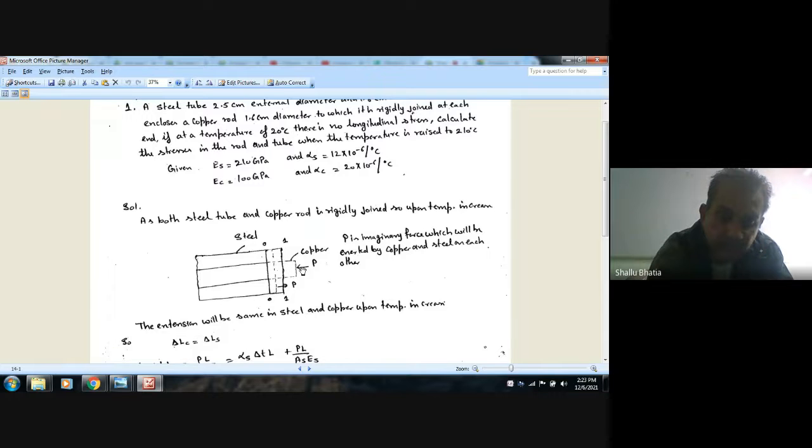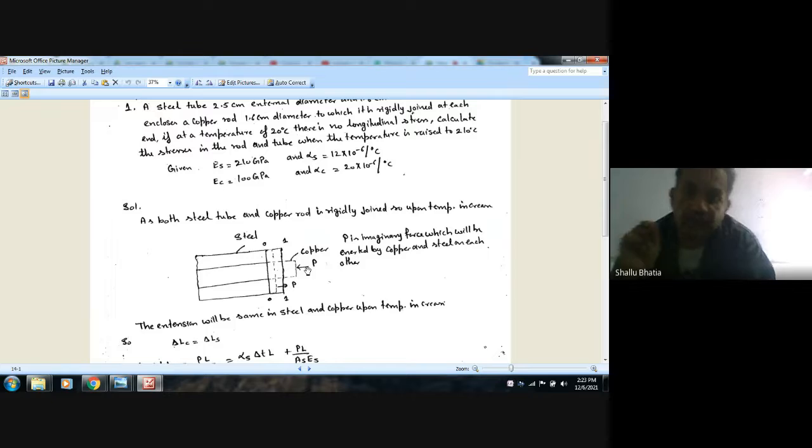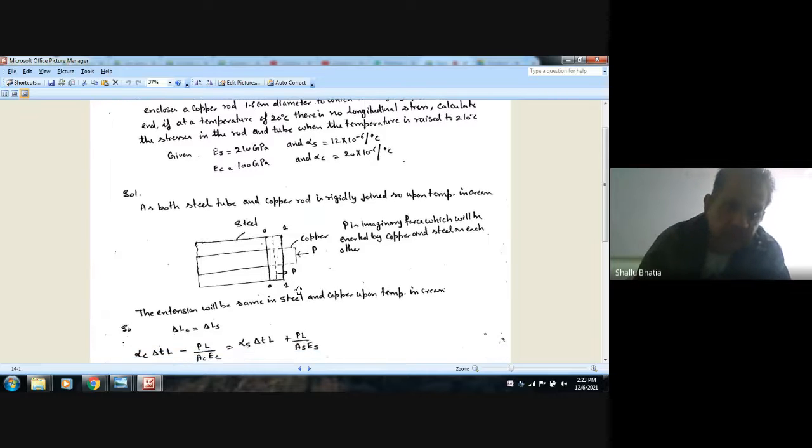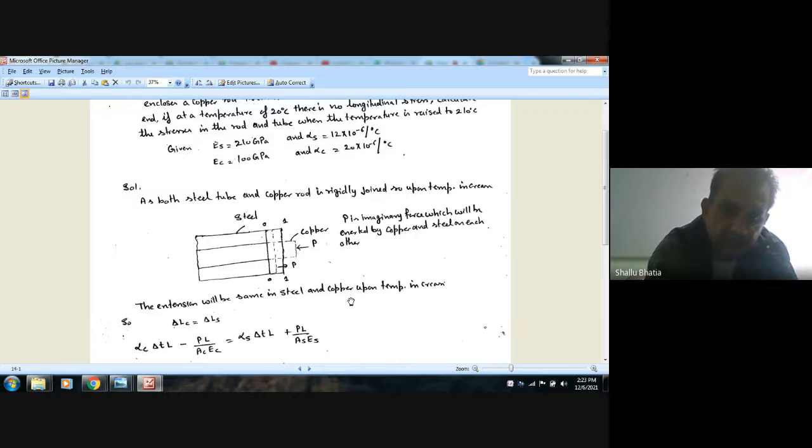The extension of the copper bar will be due to free expansion of copper and compression due to this force P, and the expansion of steel will be due to free expansion of steel and expansion due to this P. So the expansion will be same in copper and steel upon temperature increase. So del L C is equal to del L S.